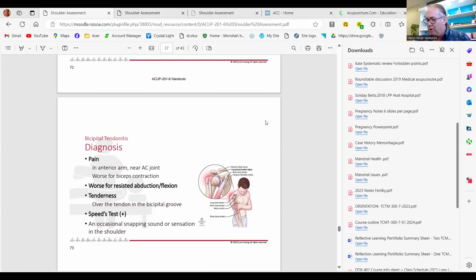The acupuncture points that you'll probably be looking at to help with that issue is, let me just find that for a moment.